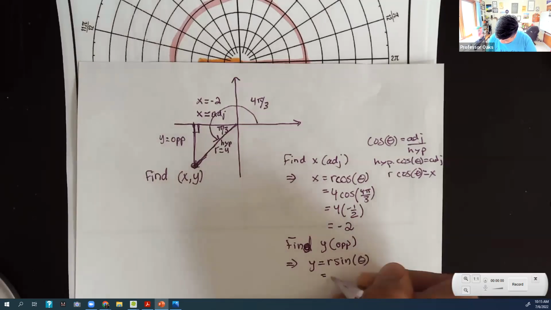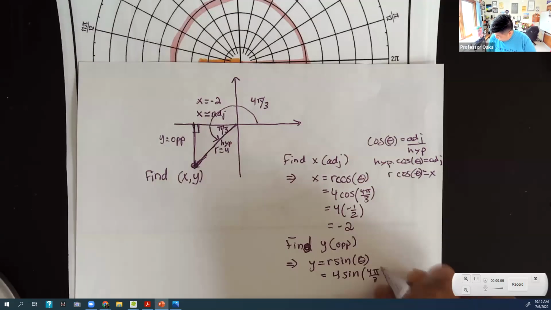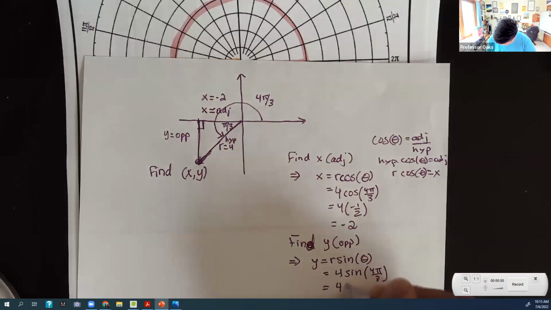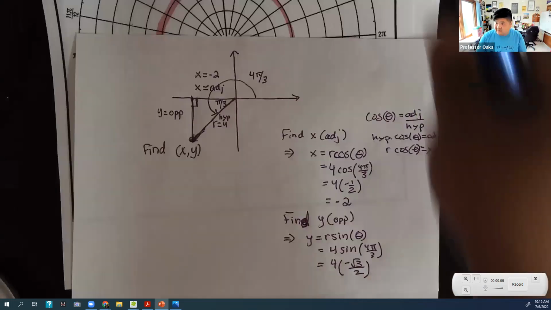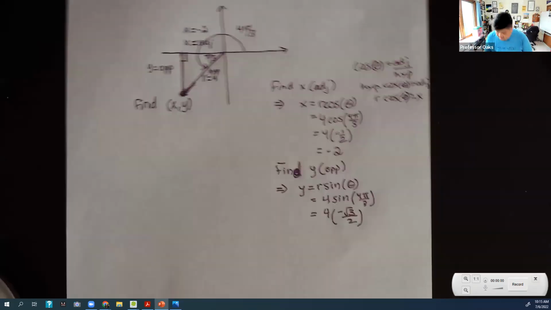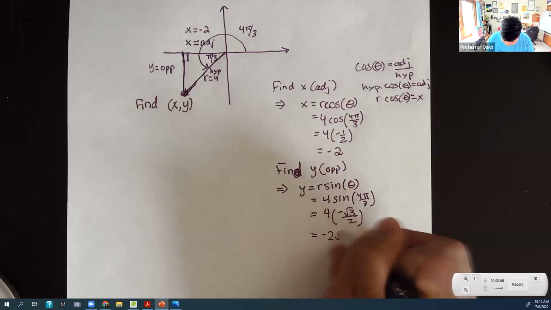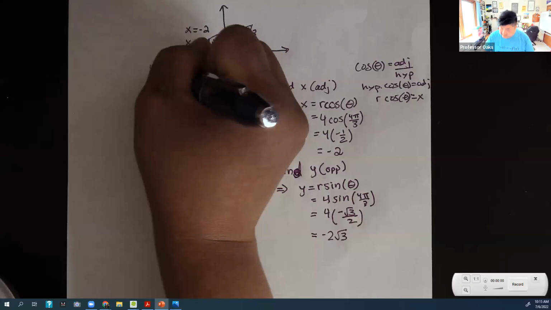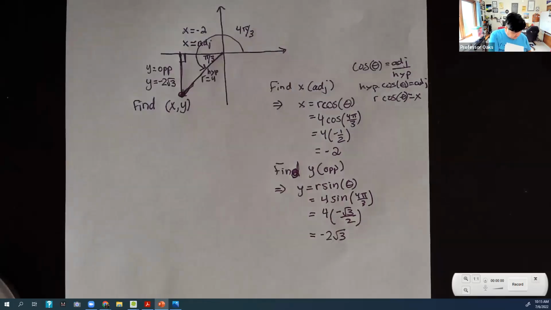So that's 4 sine of 4 pi over 3, and sine of 4 pi over 3 is negative square root of 3 over 2. So that will end up being -2 square root of 3. So y is -2 square root of 3. So all that would mean is that's the x and the y.